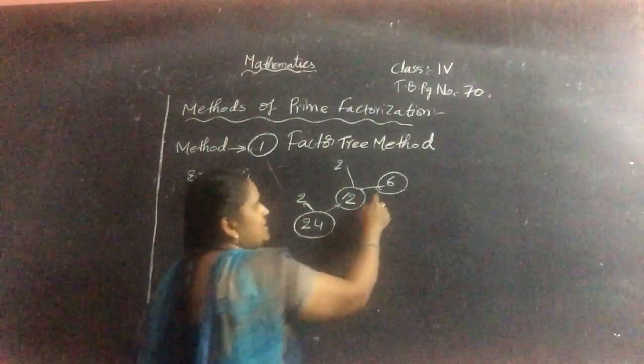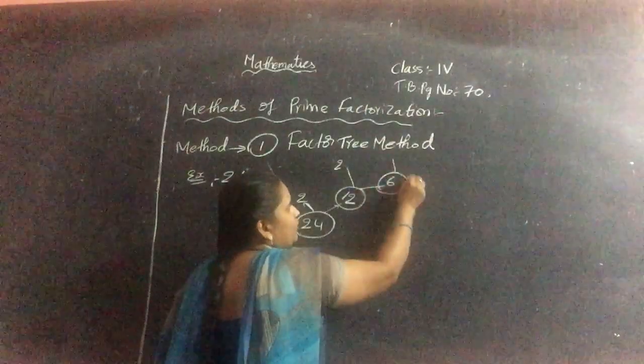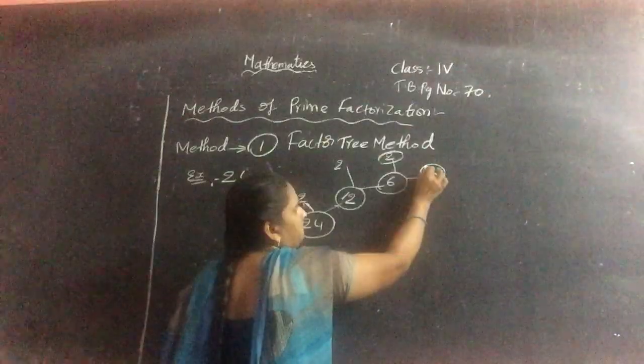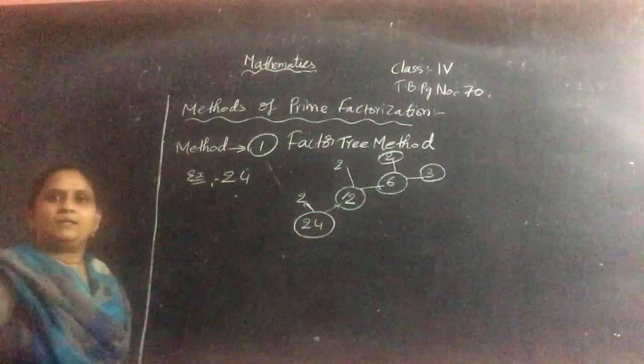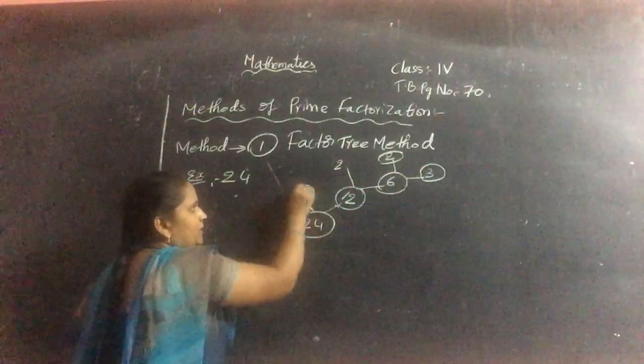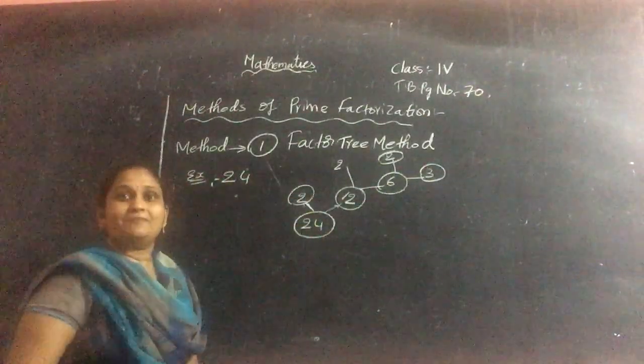Okay, next 6 is there now. 6 again have to multiply. How many times? In 2 table? 2 3s are 6. Okay, the answer what we are writing, that will come under the factors.